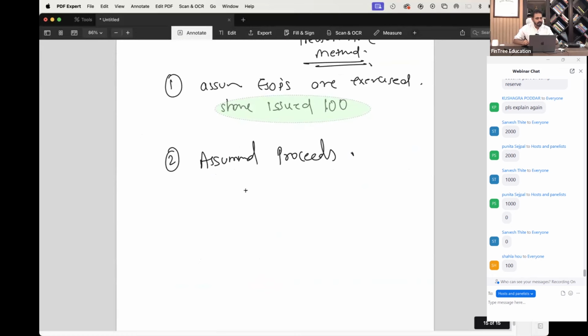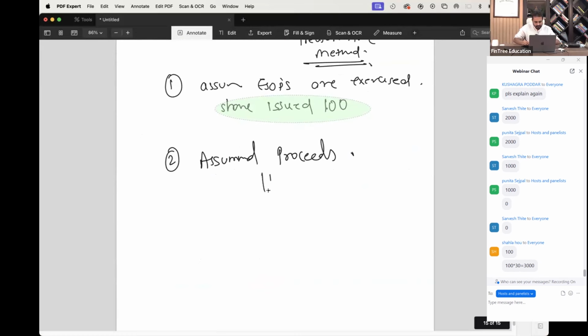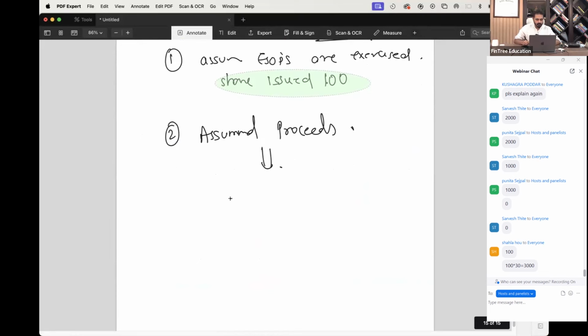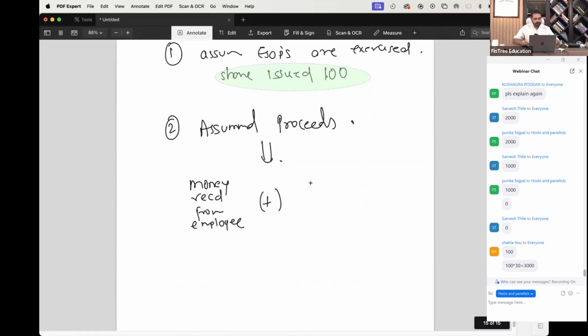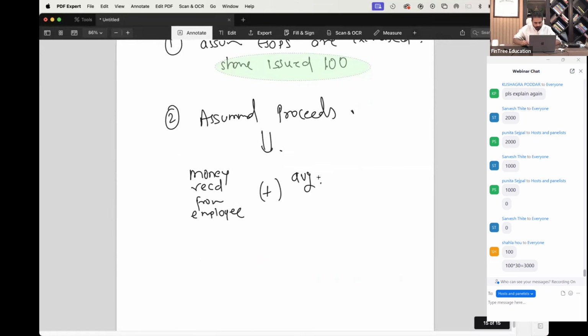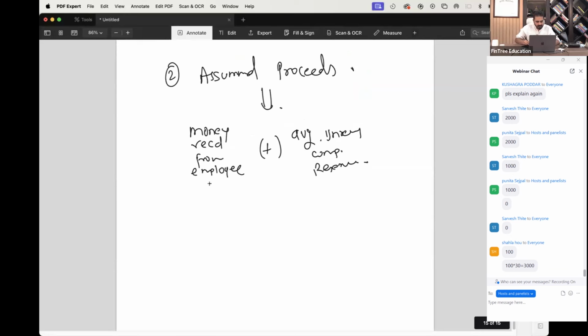Assumed proceeds, that means how much money I've received. This is actually coming from 2 parts. Number 1, money received from employee plus average of unrecognized comp reserve. It's going to be of 2 parts. Average of unrecognized comp reserve.